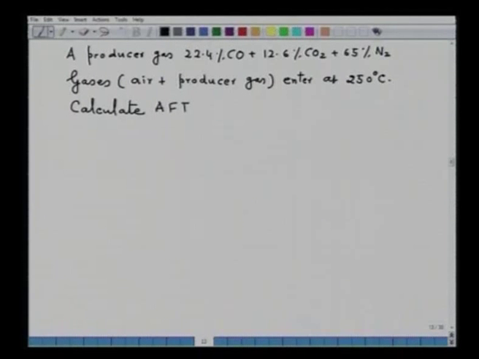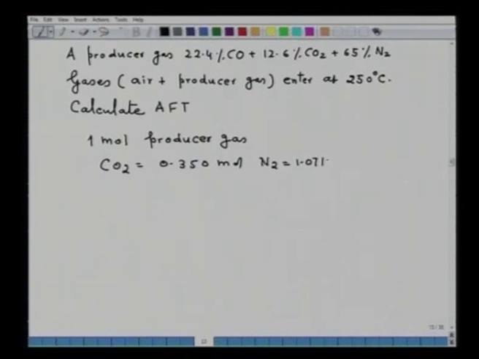Same, first of all we have to perform material balance, consider say 1 mole producer gas and corresponding to 1 mole producer gas CO2, that will be equal to 0.350 moles and nitrogen, that will be equal to 1.071 moles.